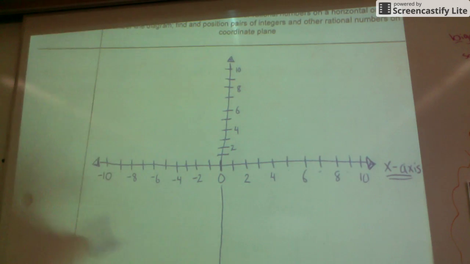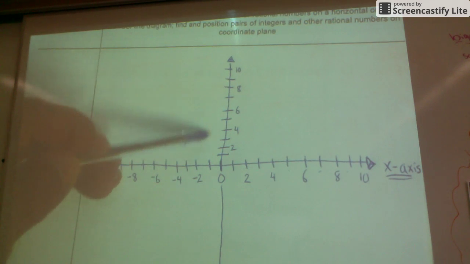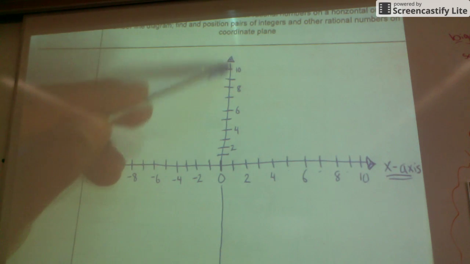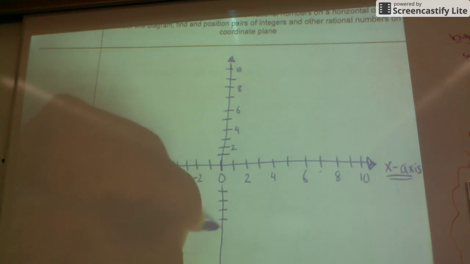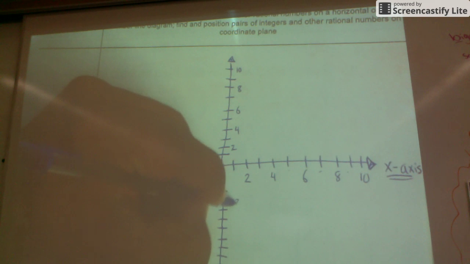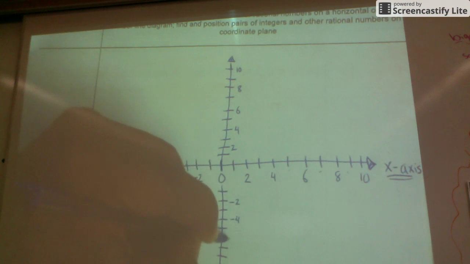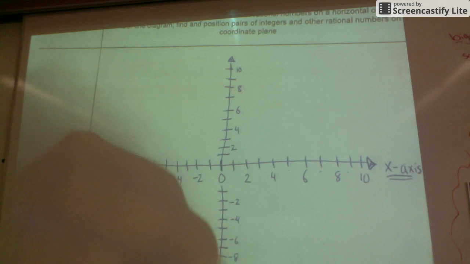And I can tell that every number in between here is going to be one number off because of the pattern. We do the same thing going down. Negative 2, negative 4, negative 6, negative 8, negative 10.